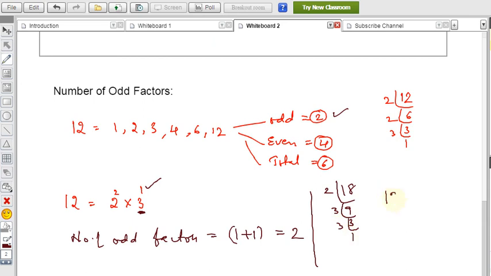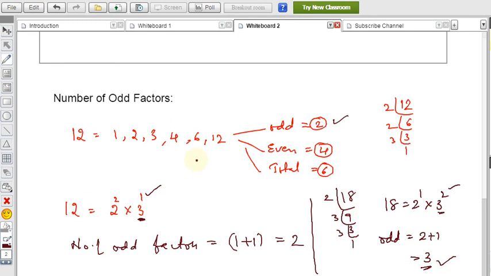So finally 18 I can write as 2 to the power 1 into 3 to the power 2. So for the number of odd factors, only the odd base counts. 3 is the base, and this base is an odd number. The power is 2, so 2 plus 1 is equal to 3. So I'll get 3 factors which are odd. Then even factors is just total minus odd, and we'll get the even factors.